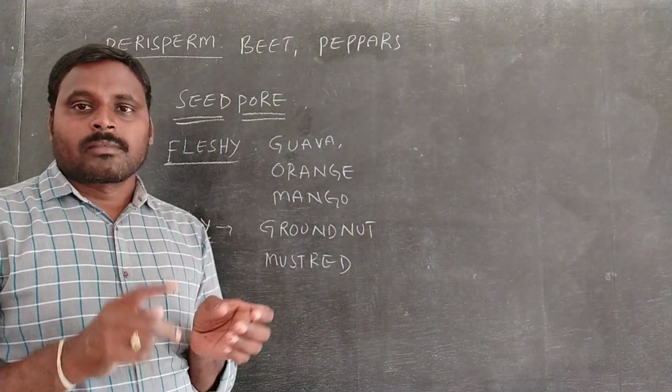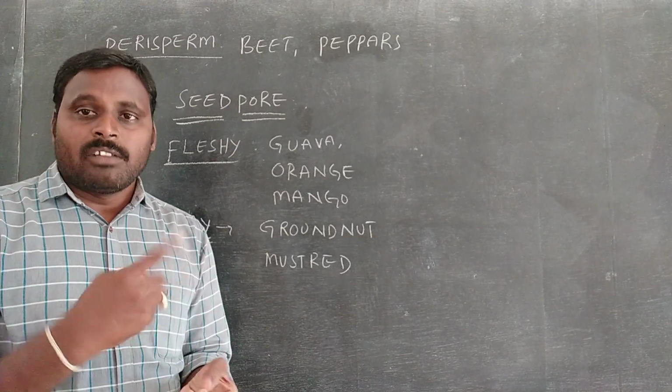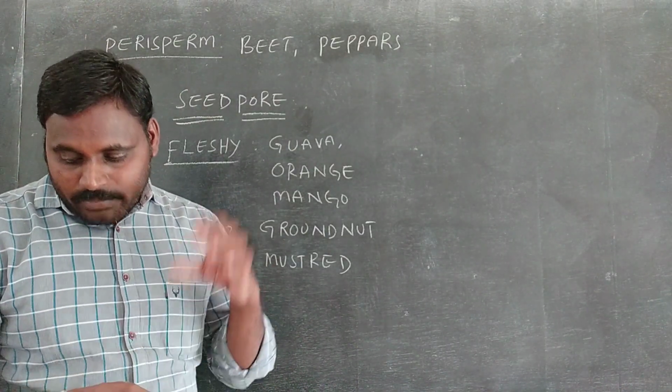After fertilization, the ovary develops into fruit and the ovules develop into seeds.